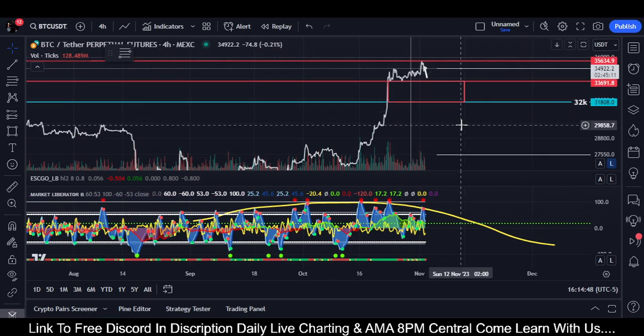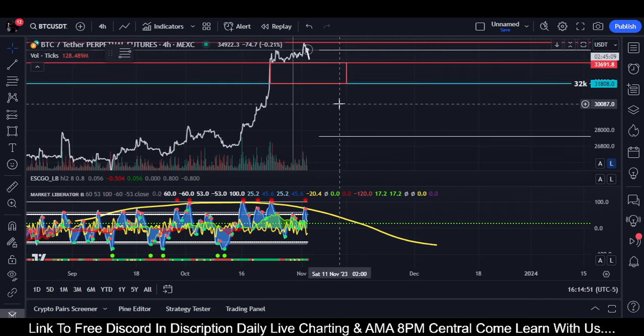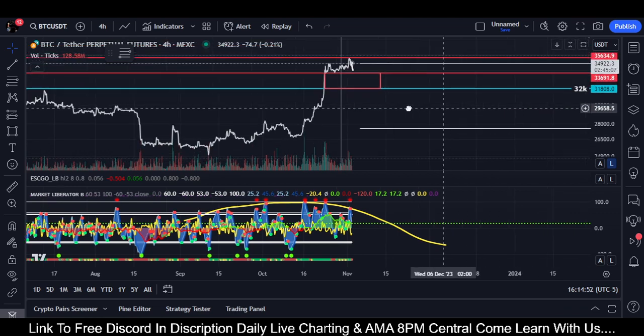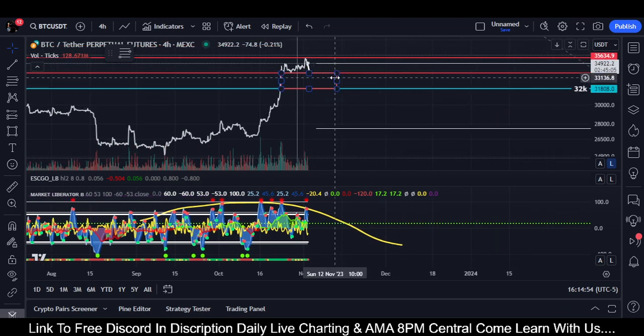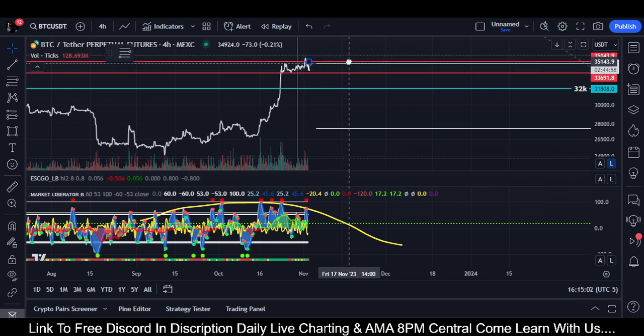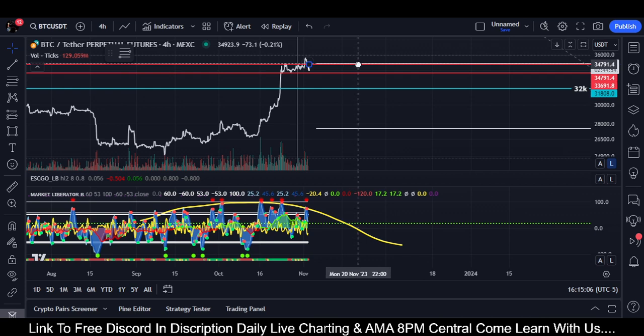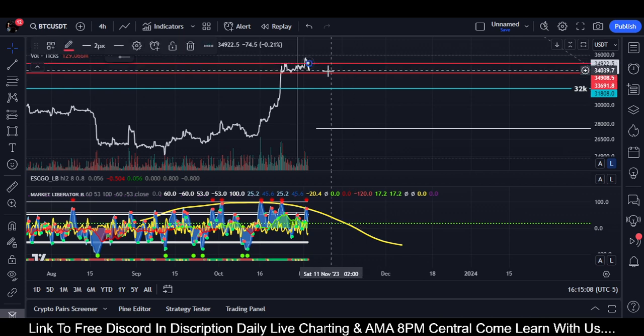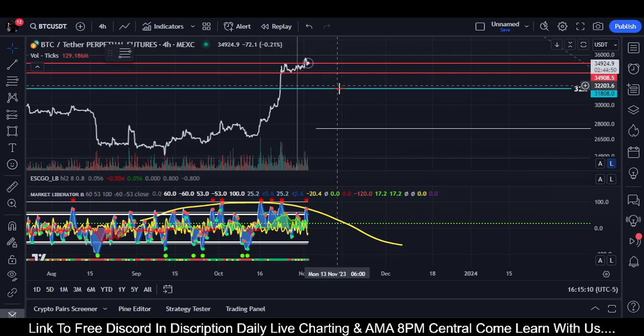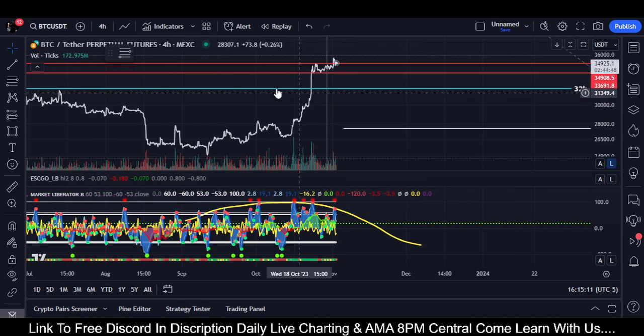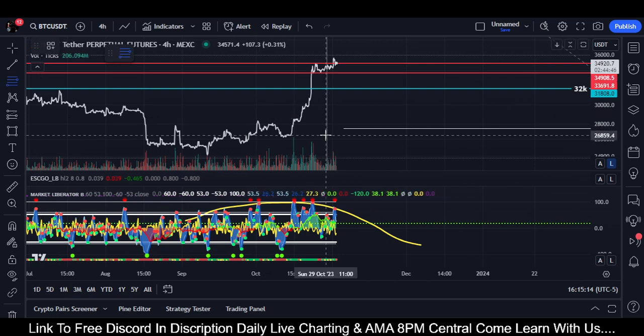It sounds good. And then let's look at our current local pump here. Get rid of our box. Move this line back on down. There we go. Get rid of our measured move there. And let's pull a fib just on the local pump here.